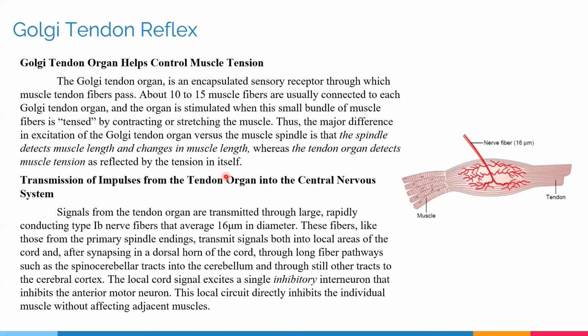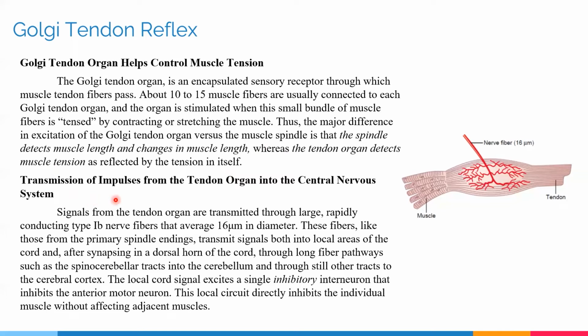Thus, the muscle spindle receptors that we had just discussed sense the muscle length and the stretching and unstretching of the muscle, whereas the Golgi tendon organ determines the tension that is present and its change and signals accordingly to the spinal cord.